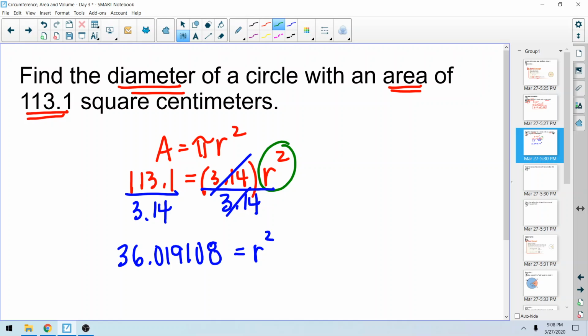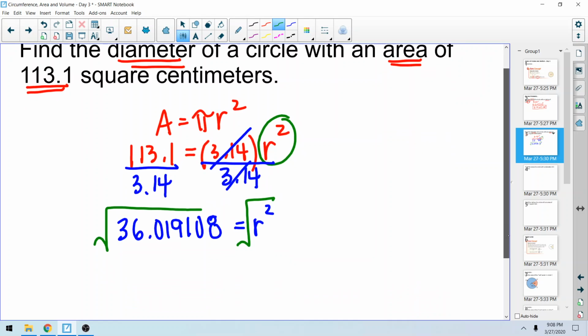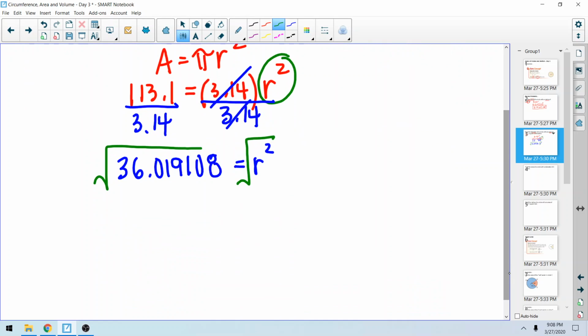Now at this point we still have to get the r by itself, but it's squared. Do we remember, have a little conversation with yourself, the opposite of squaring something? I'm hoping you're thinking, okay, the opposite of squaring something is taking the square root. So this square root is going to cancel that little squared, and over here you're just going to get r, which is your radius.